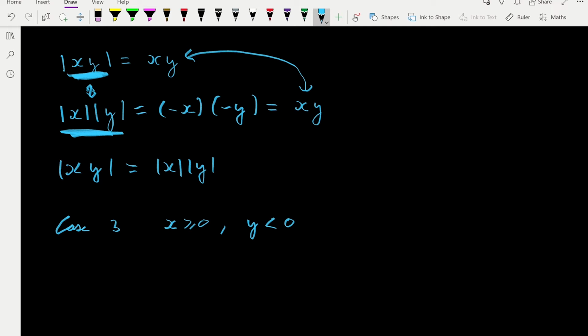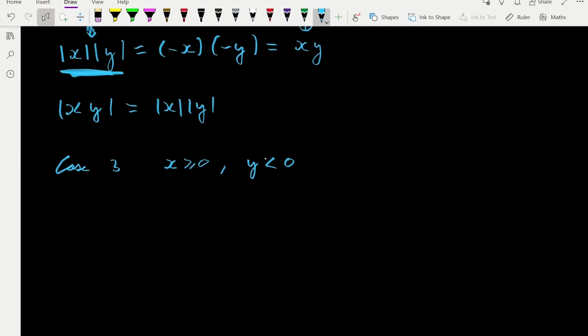All right. So what happens here is the following. What could we say about the absolute value of x times y? Well, notice that since one is positive or 0, which is x, and one is negative, we're going to have either 0 times a negative, which will be 0, and then we'd be taking the absolute value of 0.